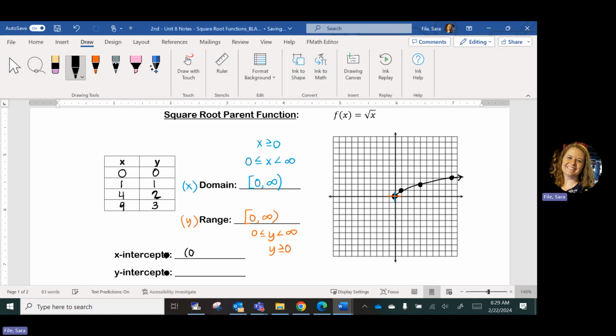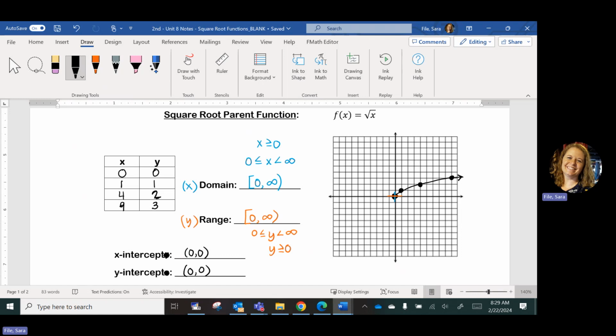What about the y-intercept? Where does the graph cross the y-axis? Also at 0, 0. If you put the origin 0, 0 as an x or a y-intercept, you better be putting it down for both because that is on both axes. If you're at the origin, you're on both the x and the y-axis.